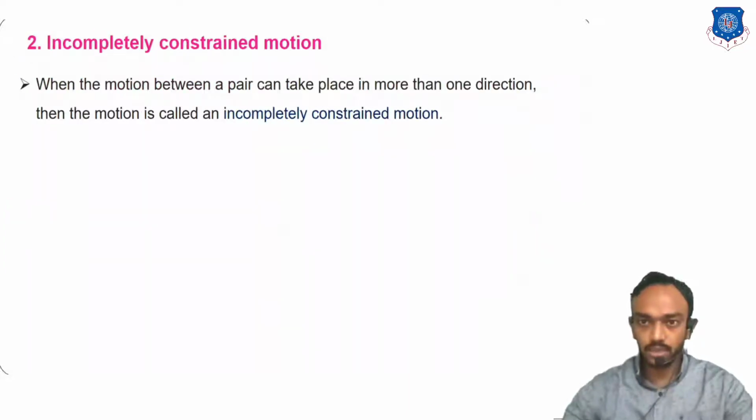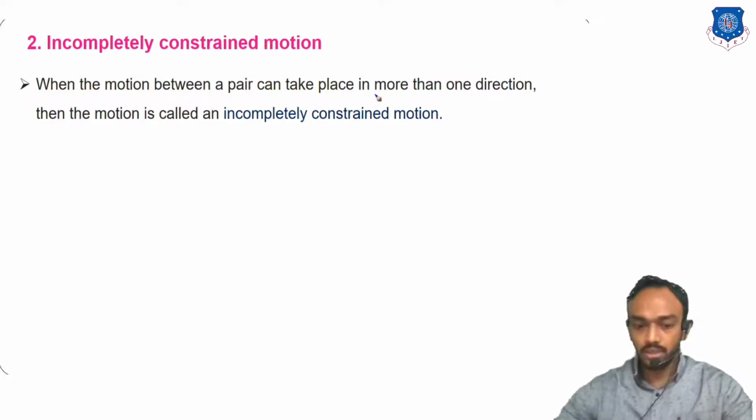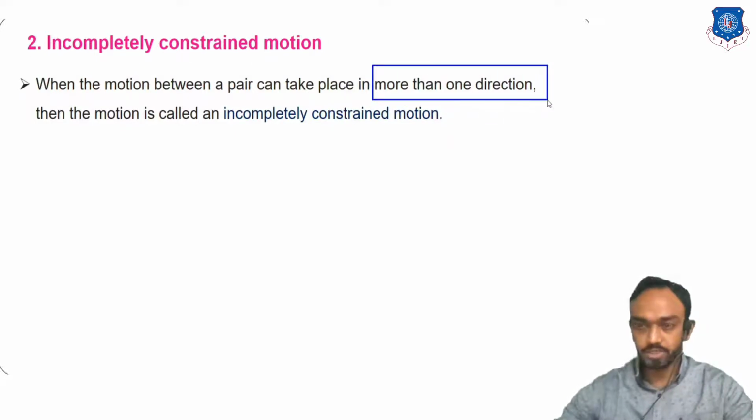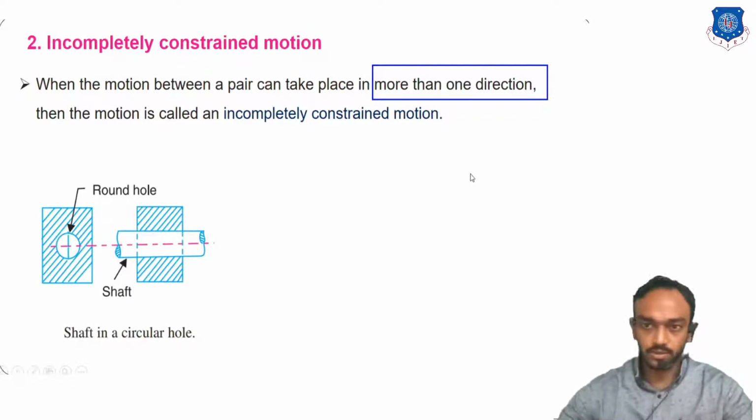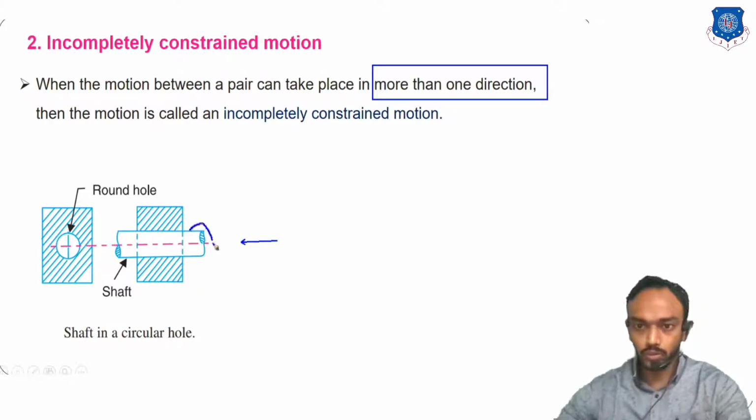Second is incompletely constrained motion. If the motion between the pair is possible in more than one direction, it is known as incompletely constrained. Let's check the example: a round bar in a round hole, means this shaft is put in a circular hole. What will happen if you apply the force in this direction, or you try to rotate?